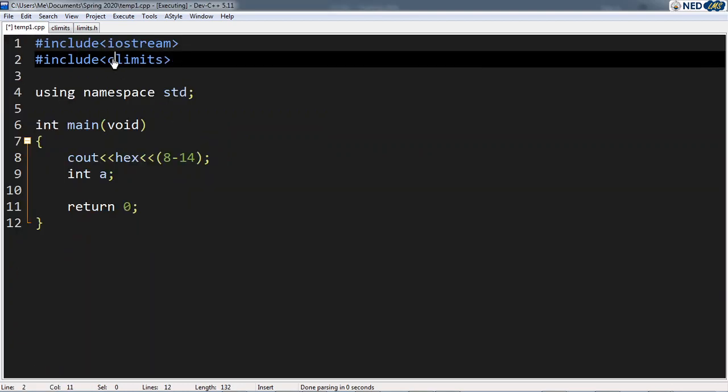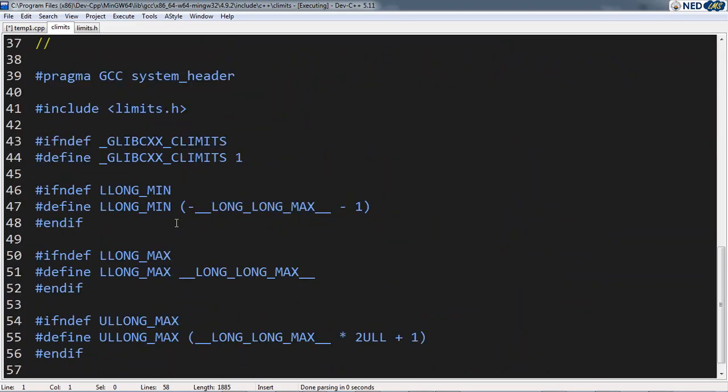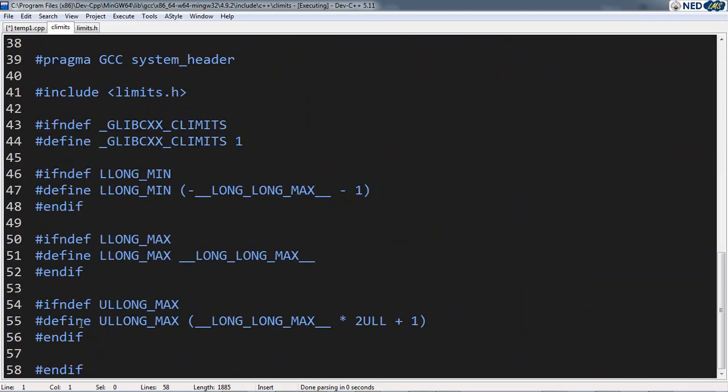If I go to C limits, it will open the code for C limits, and it has the definitions, and define is essentially similar to constant, but they are defined globally. They are quite similar to constants, because for our purposes there are slight subtle differences, but they are beyond the scope of this lecture.